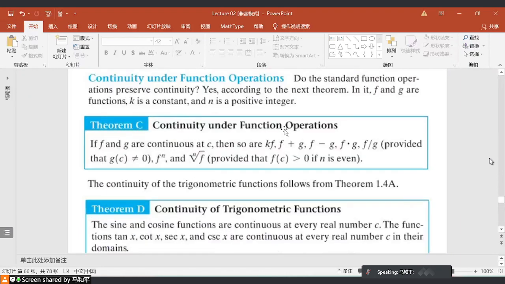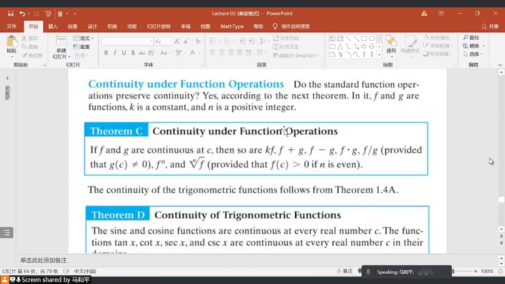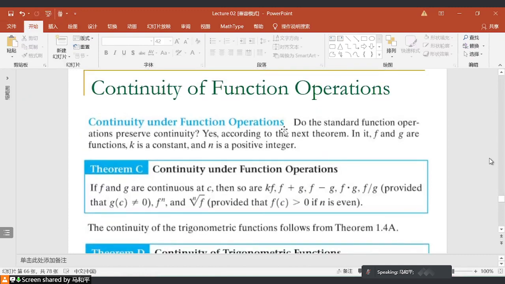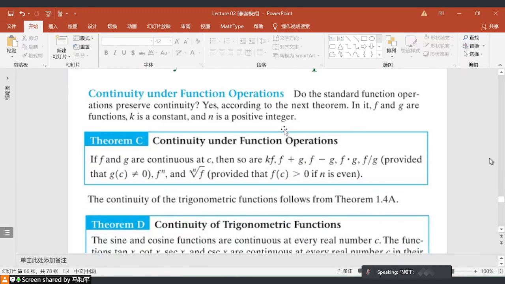And also, this means the standard function operations preserve continuity. According to the next theorem, we will learn the continuity under function operations. This means we have f and g are functions, k is a constant, n is a positive integer.